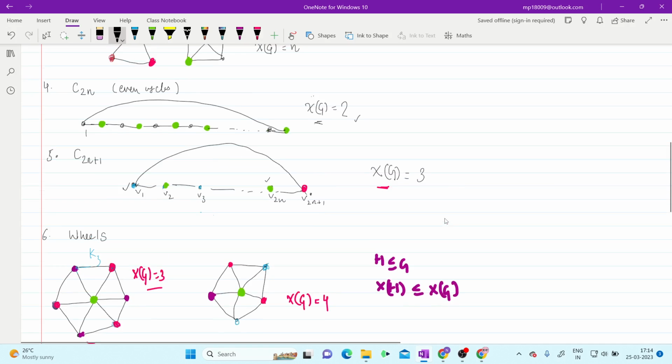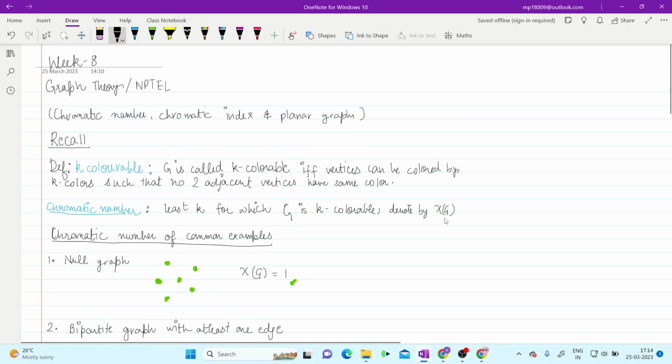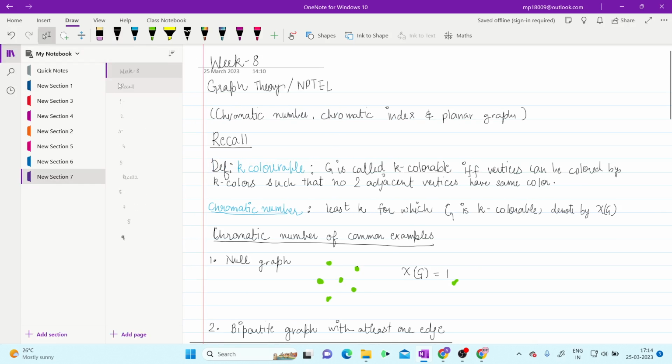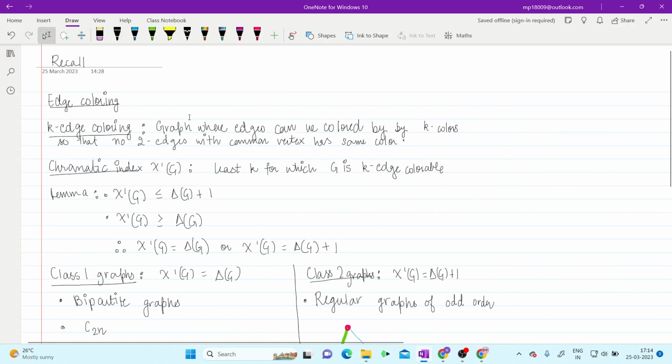Okay, so the first part of today's class was vertex coloring. Now we have an analogous topic of edge coloring. Similar to how we defined vertex coloring, where we were coloring vertices and no two adjacent vertices should have the same color, what is edge coloring? Now instead of coloring vertices, we are coloring edges, and the condition is that if two edges share a common vertex, then they should not have the same color.